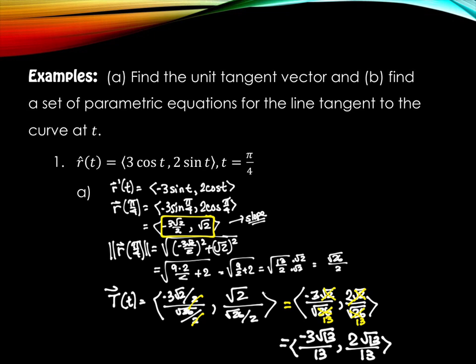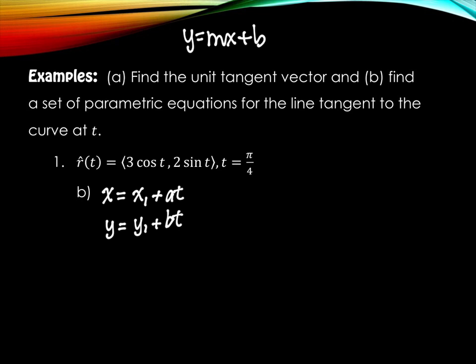So this one right here is going to be a, and this one right here is going to be b. So over here, we already know that my a value is negative 3 square root 2 over 2. And we already know that our b value is square root 2. Okay, everybody good so far?